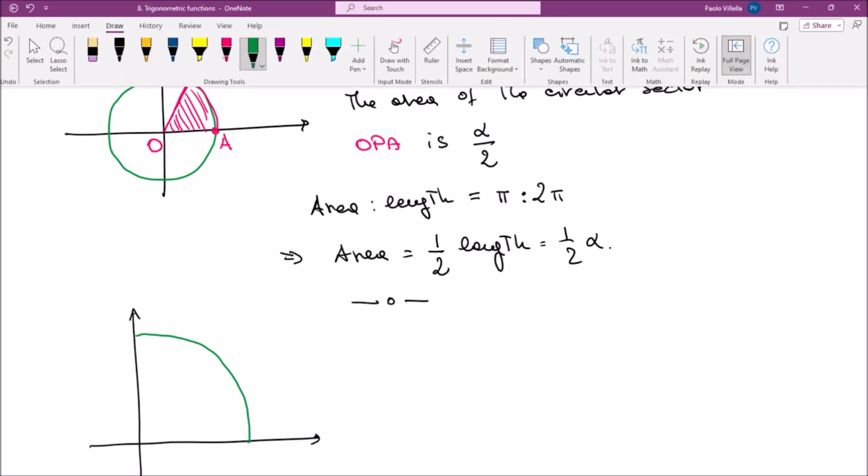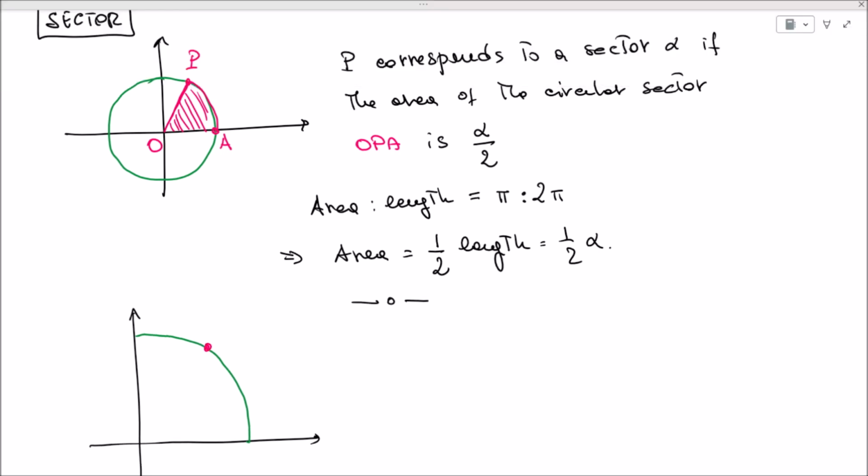We can say that the generic point P that is on the unit circle can be defined in terms of its x and y coordinates.